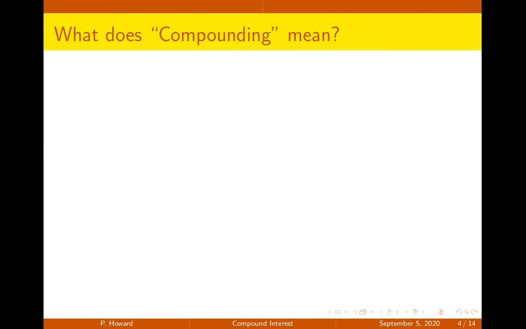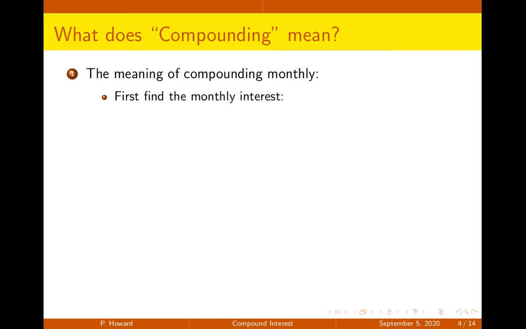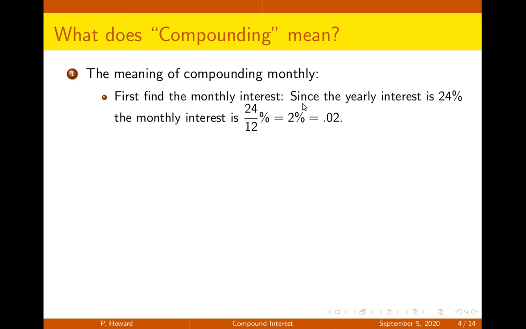So what does compounding mean? We're going to begin with the meaning of compounding monthly. First you find the monthly interest. Remember, the annual interest, the yearly interest, was 0.24 or 24%. We want to split that equally among the 12 months. So the monthly interest will be 24 divided by 12 percent.